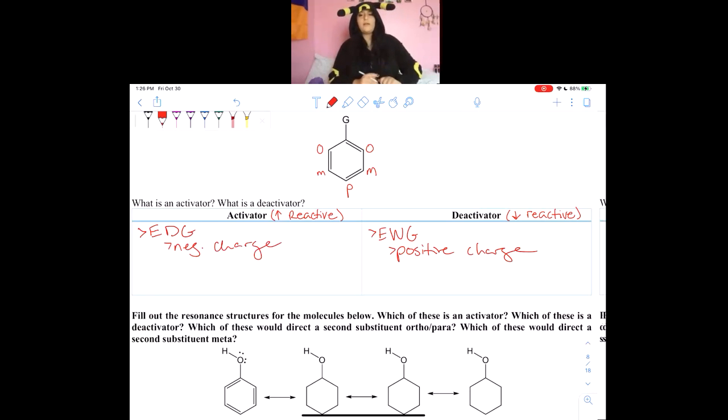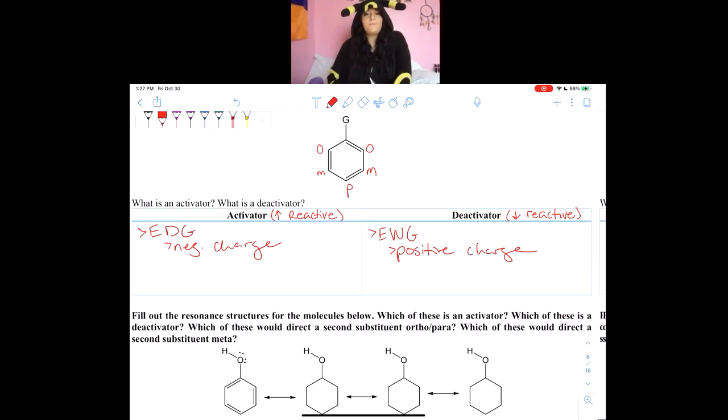And so what else kind of identifies an electron donating group? Very important. Okay, so some people said carbonyl groups.